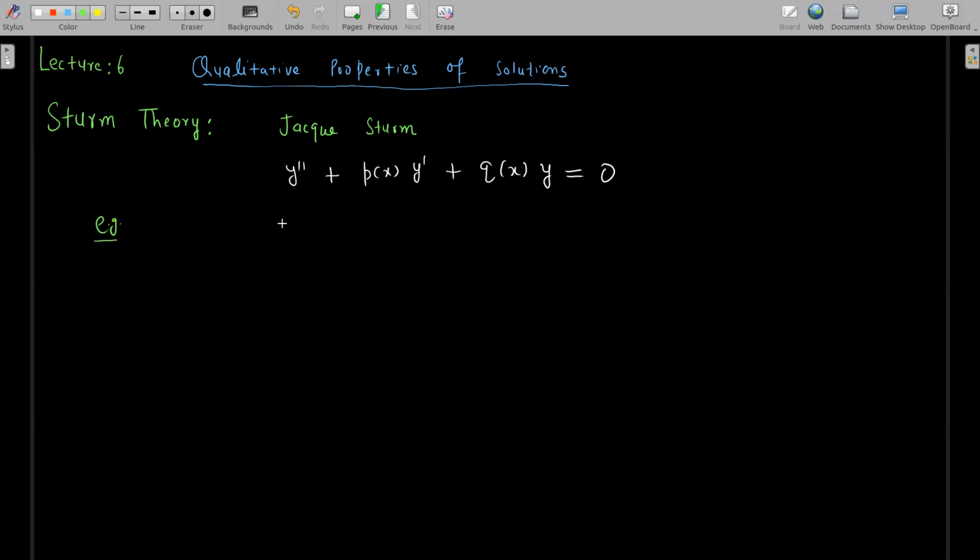For example, I have this constant coefficient equation, and I know that this equation has two solutions, cos x and sin x. And let us take a variable coefficient equation. This is called the Airy equation. It looks like this, but this is variable coefficient.